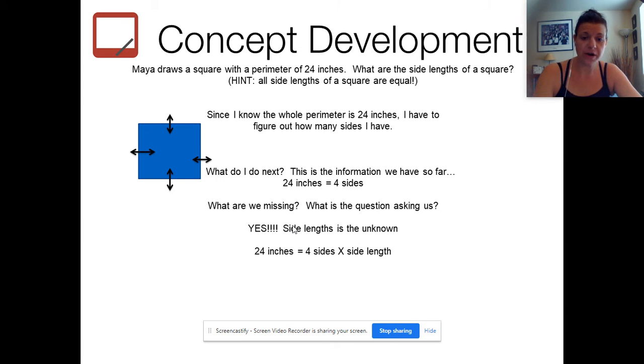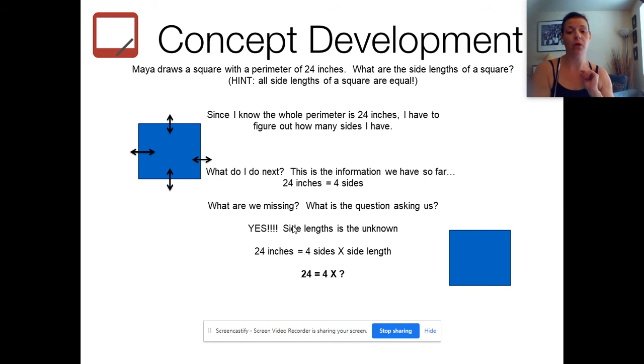Okay, so there's our number sentence with the unknown. And here we go. So our number sentence here is 24 is equal to 4 times what? So this is a multiplication sentence, but it's actually a division sentence. Now, Miss Emmerich, there's not a division symbol.